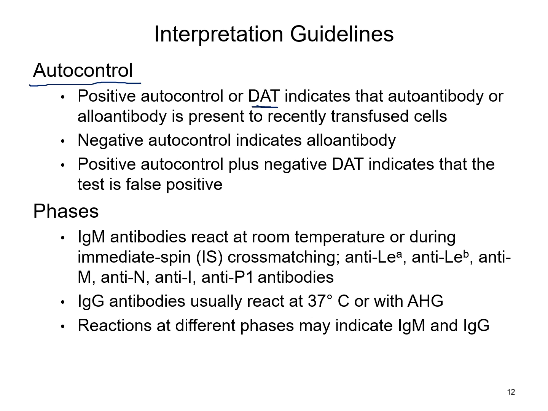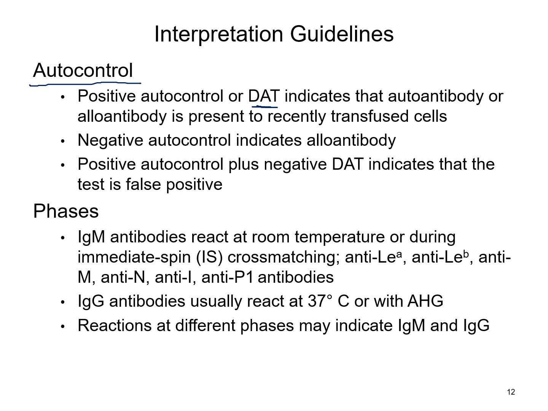Now, if it's an alloantibody, it could be due to recent transfusion or pregnancy, something like that. Negative autocontrol indicates that there is an alloantibody present. When you've got a positive autocontrol, it doesn't necessarily exclude that there is an alloantibody. It just means you have multiple things going on. Positive autocontrol plus a negative DAT indicates that the test is false positive.